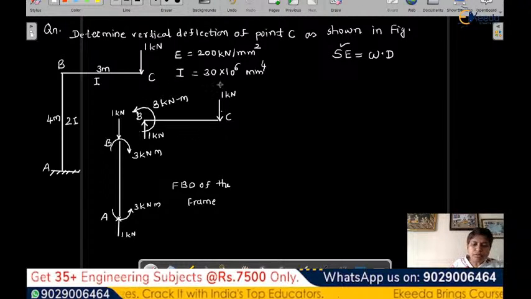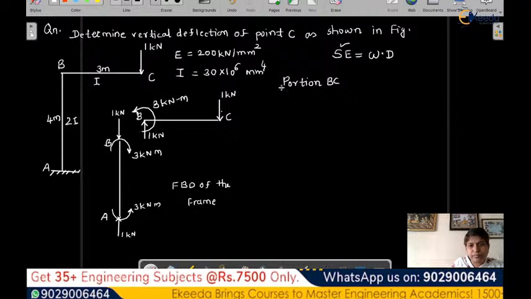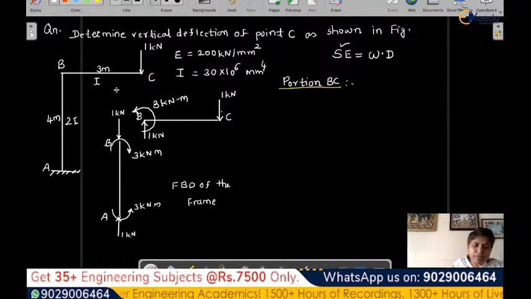Okay, so from this free body diagram we have seen here. Now we have to write down the bending moment expression. So let's consider first part, portion BC. For portion BC, what is the moment equation? So how are we going to write?